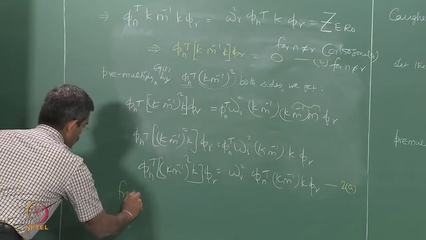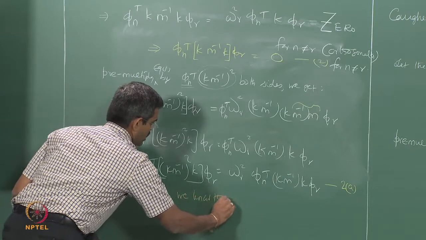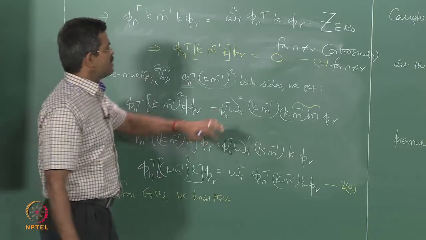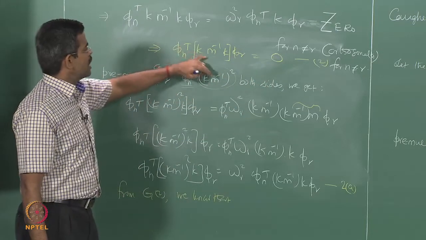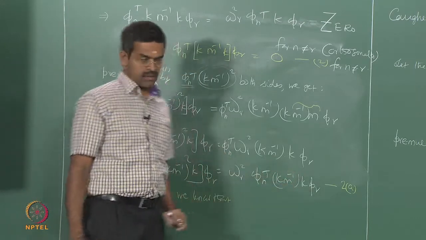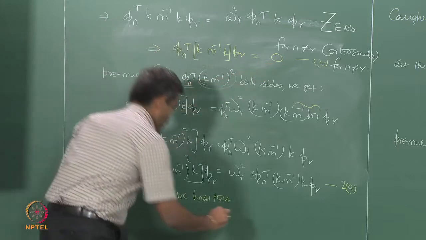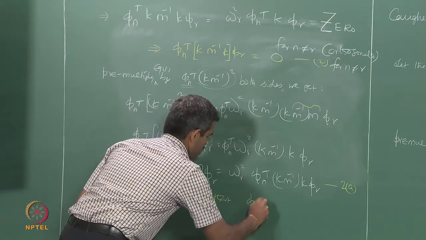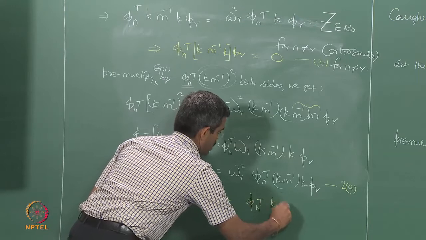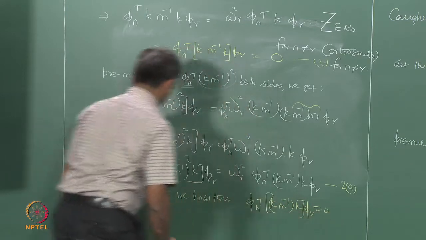From equation 2, we know that equation 2 says that phi n transpose k m inverse k phi r is 0 actually. Okay. Phi n transpose k m inverse k phi r is 0.